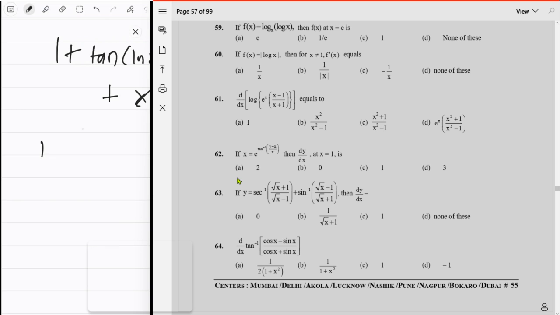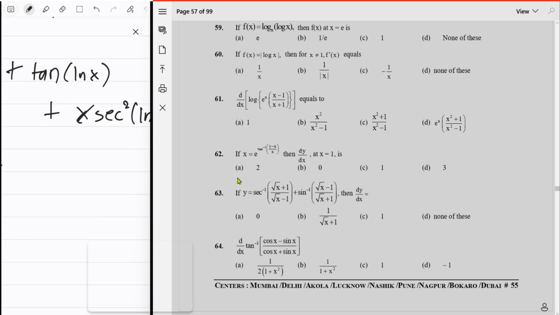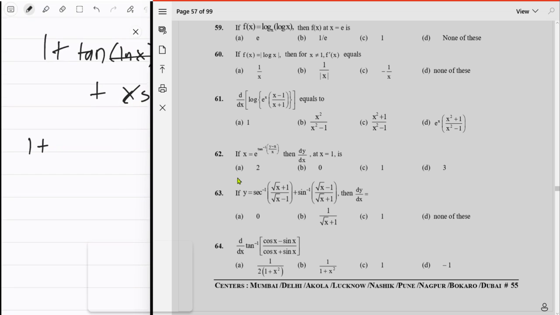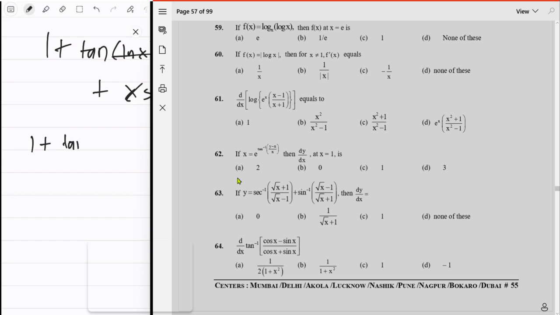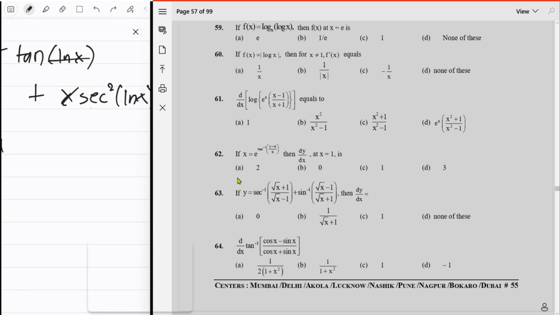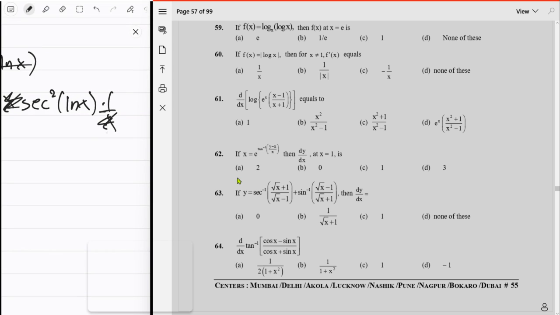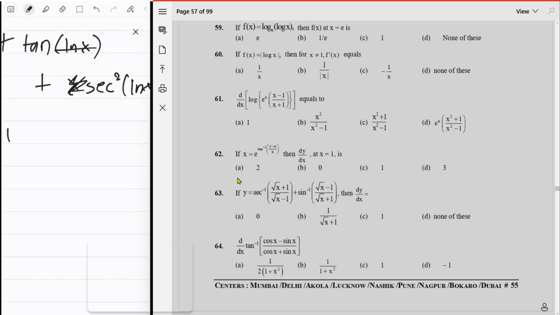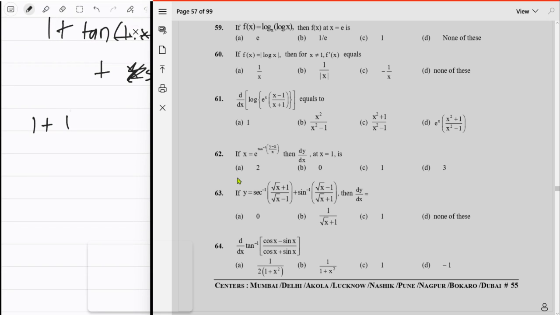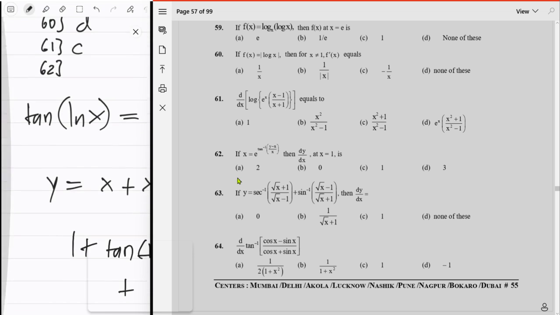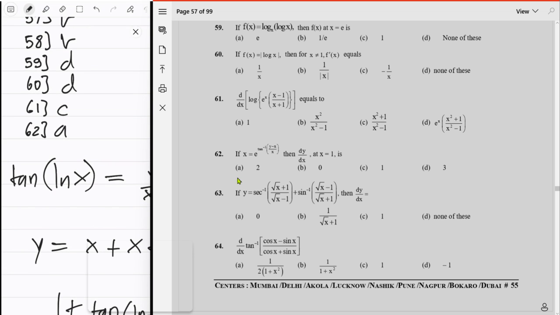So 1 plus, at x equal to 1, this will be 0. Just 1 plus tan of 0, which is 0, plus, well, that's gone somehow. If it was not gone, then this would be problematic, right? And then you just got natural log of x, which is 0, plus secant of that is 1. So 1 plus 1 is just 2. That looks cool. So 2 is the answer, no? Next question.